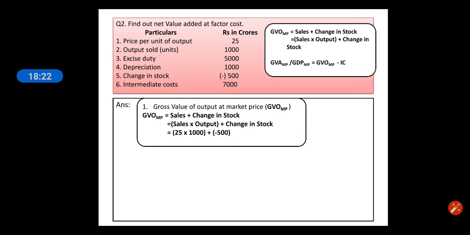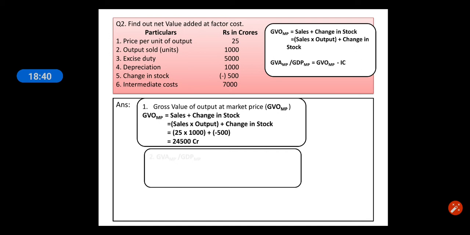So price is 25 and output sold is 1,000. That is your sale. 25 into 1,000 plus change in stock, which is in Roman number 5, minus 500, and you get the answer 24,500.